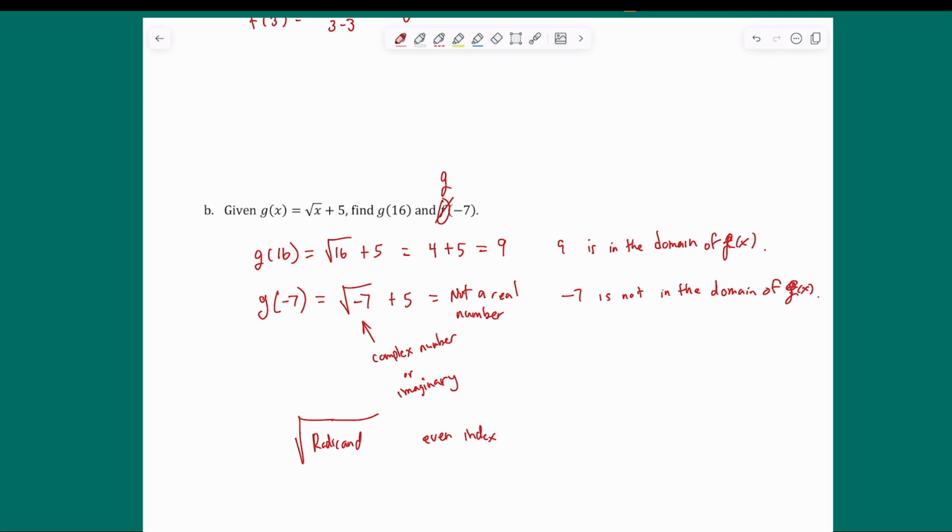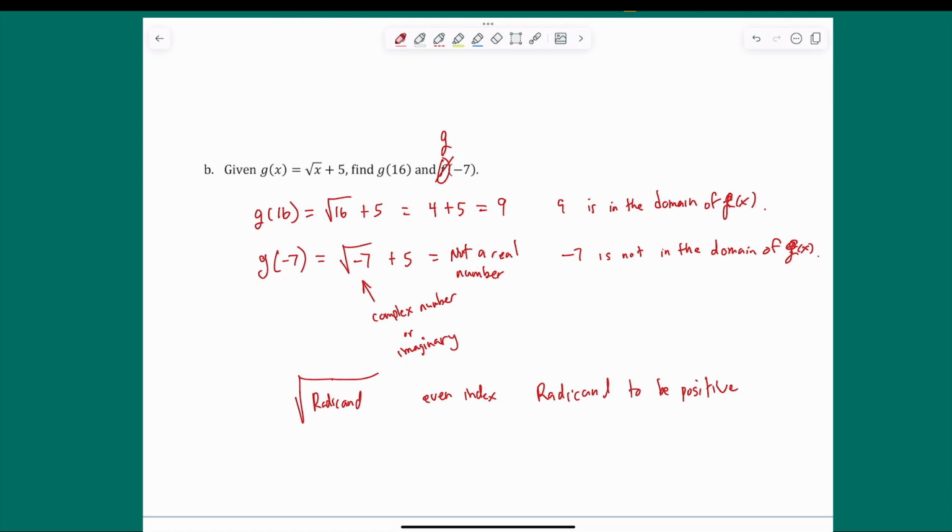You always want the radicand to be positive. One other thing you're looking for as well is if you have a fraction, whatever the expression is on top, it could be like 2x plus 1, but whatever the expression down here is, we don't want the denominator to be 0.